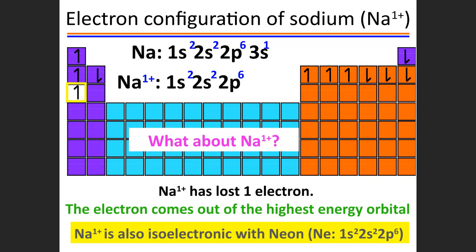Okay. So normally sodium was 11. So when sodium gives away 1 electron and gets 10, that finds the neon 10. So let's look into neon. Can you find out the neon 10? Neon. Which way is the neon?